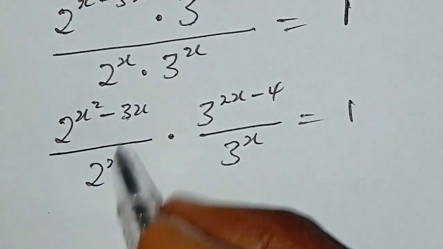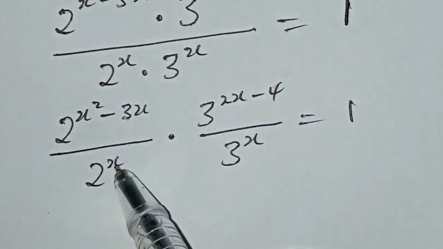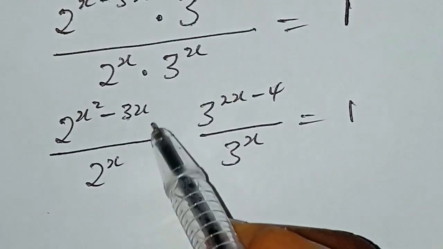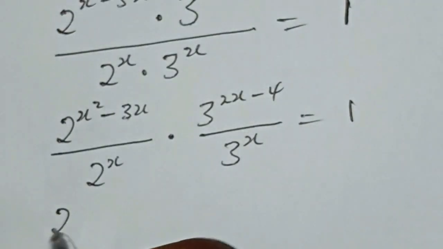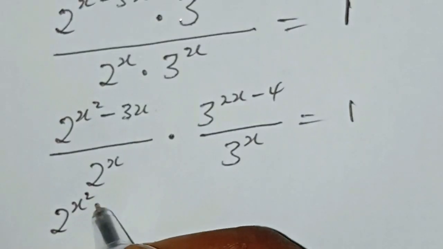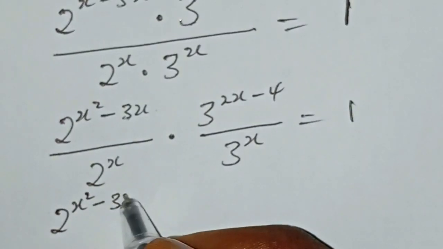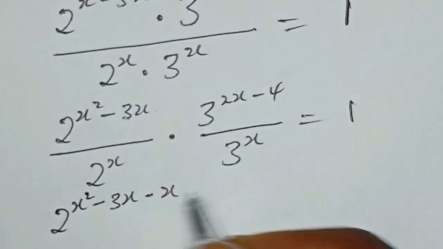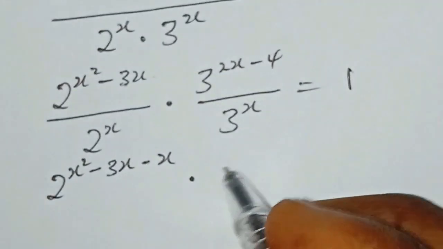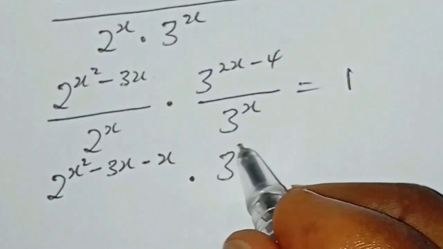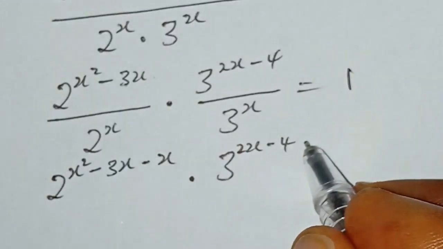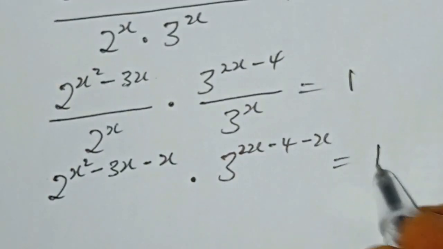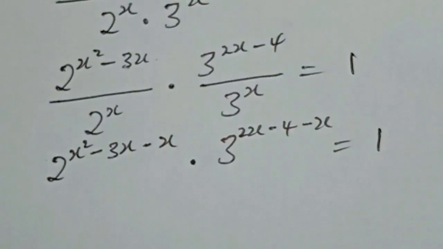Now here this can now be simplified. So for this exponent, we subtract. So we have 2 to the power of x squared minus 3x, then minus x, multiplied by 3 to the power of 2x minus 4, then minus x, everything equal to 1.